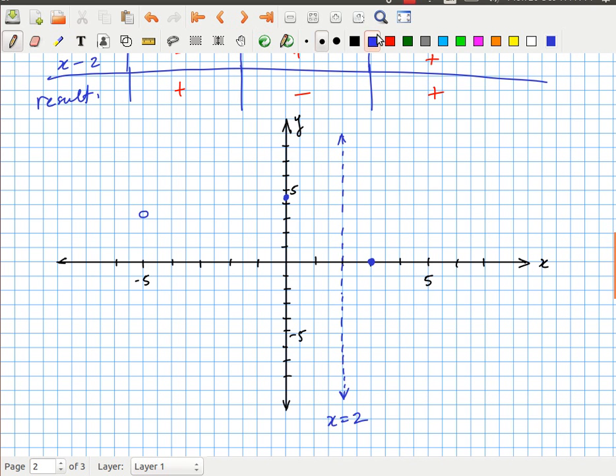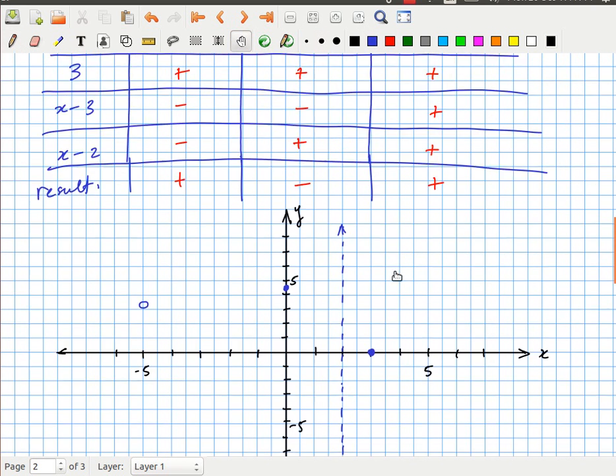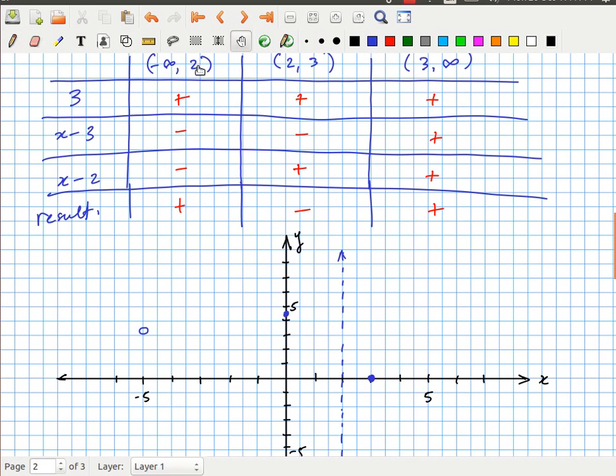And then if we take a look at the other information we've been given on our interval table, from negative infinity to 2, it's always positive. Oh, there's one other thing I didn't put in here, which was the horizontal asymptote, which was at 3. So there we go, it's at 3.